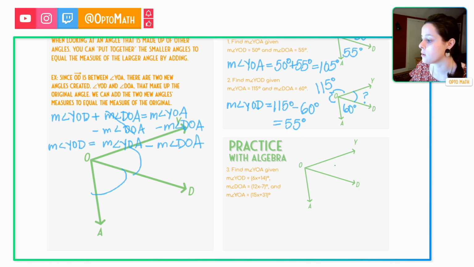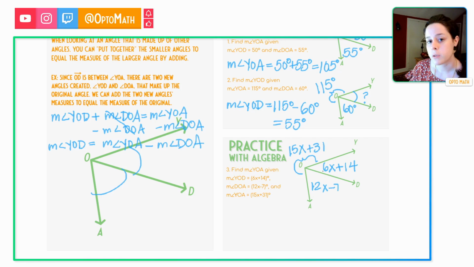The measure of angle YOD is 6x plus 14. So let's just draw that in there. 6x plus 14 is this piece of the angle. 12x minus 7 is DOA. And the total angle, YOA, is 15x plus 31.